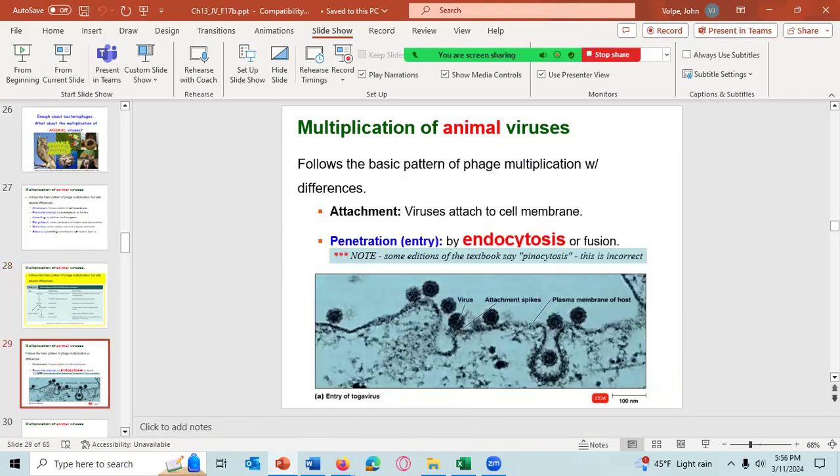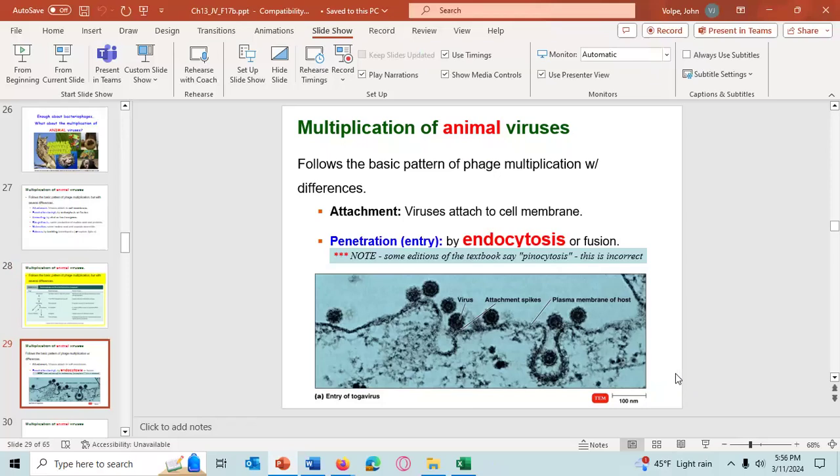The attachment is also different in that animal viruses attach to the cell membrane. Animal cells don't have a cell wall. The attachment and then entry into the cell happens by either penetration, by endocytosis, or by fusion.